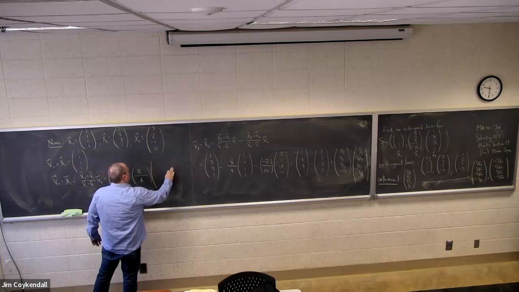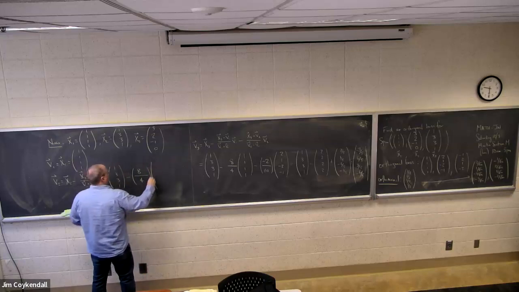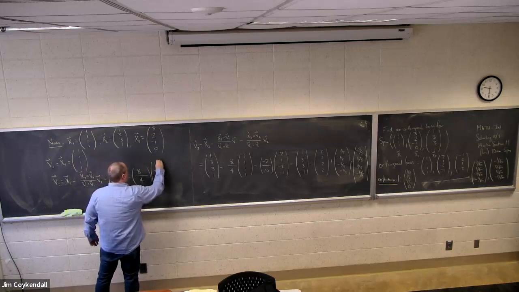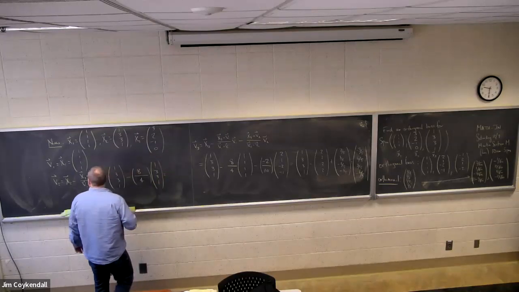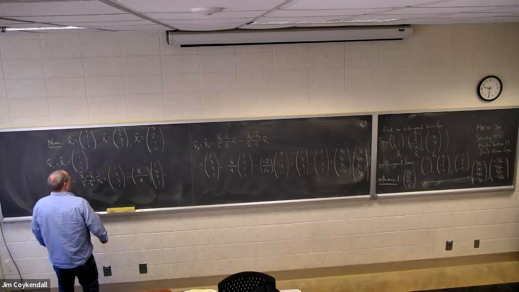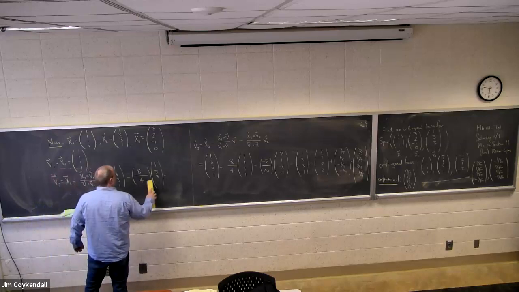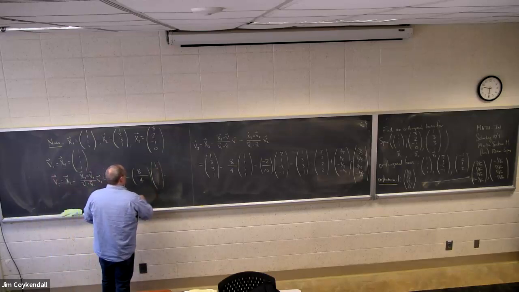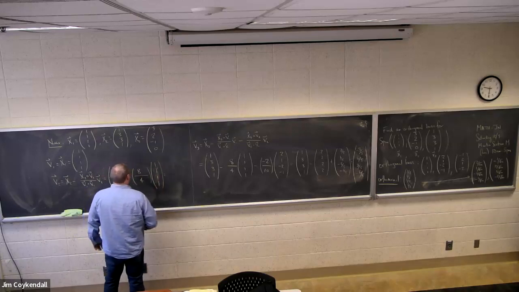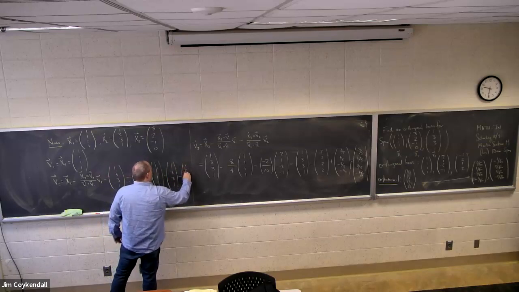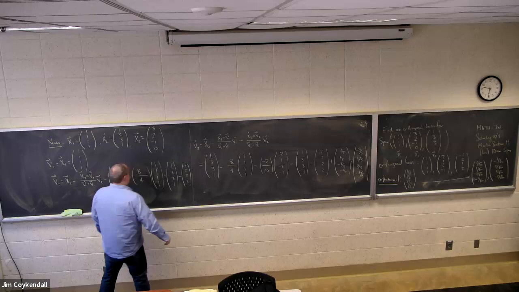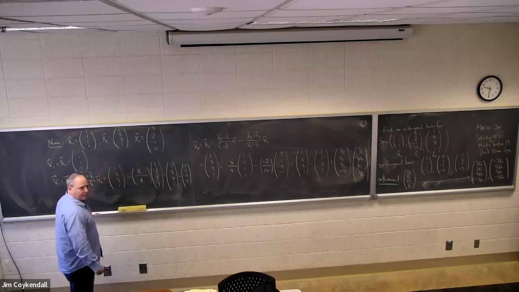8 times V1, which is 1, 3, 3, 1. And so I get X2. Oh, I'm sorry, this should be V1. Out there. So this is 1, 3, 3, 1 minus 2, 2, 2, 2. Right.